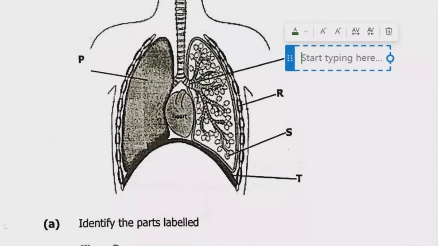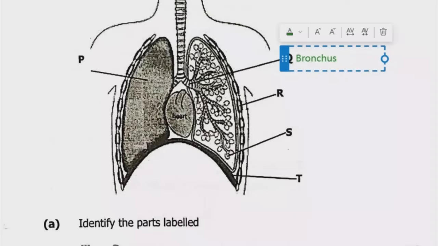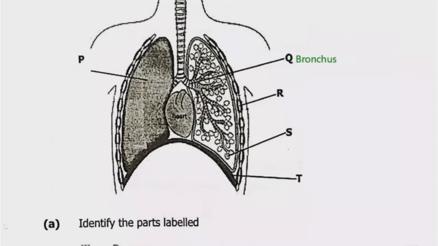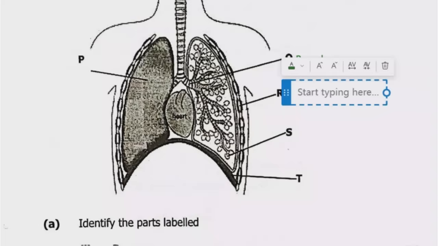Q is bronchus. Okay, what is R? R, those are ribs. That one is a rib. So it's just one, so I'm going to call it a rib.